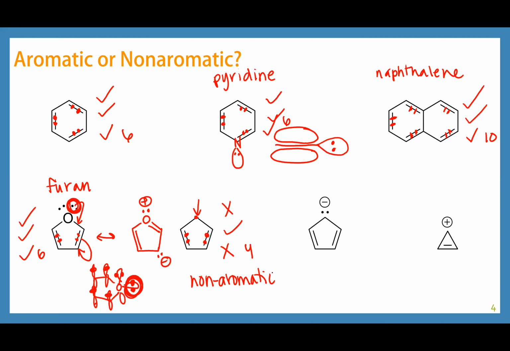Well, since this is 4, that would be 4 times 1, so it does have the right number of electrons to be anti-aromatic. But what does it not have? It's not all sp2 hybridized.